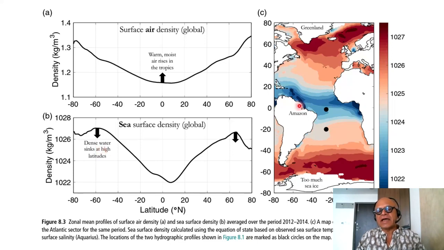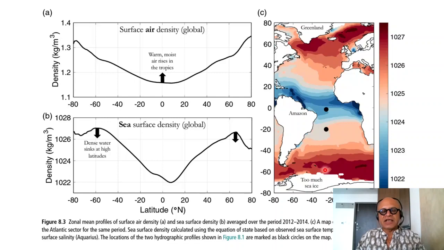We were looking at the two transects or vertical profiles here at 25° west and 20 south, and 25° west and 1.5 degree south. Here we are looking at zonal mean profiles of surface air density and sea surface density averaged over 2012 to 2014, and C is a map of sea surface density in kilograms per meter cube in the Atlantic sector for the same period.